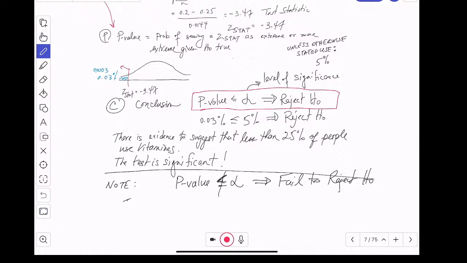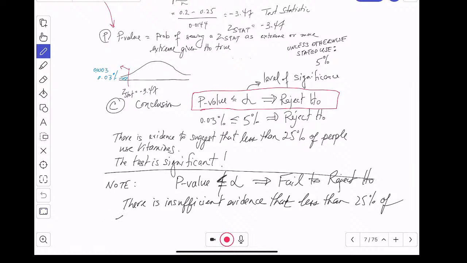And we say there is insufficient evidence, you could say against, or there's insufficient evidence that less than 25% of people use vitamins.